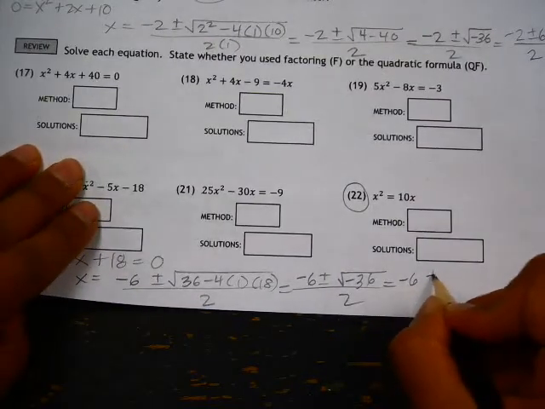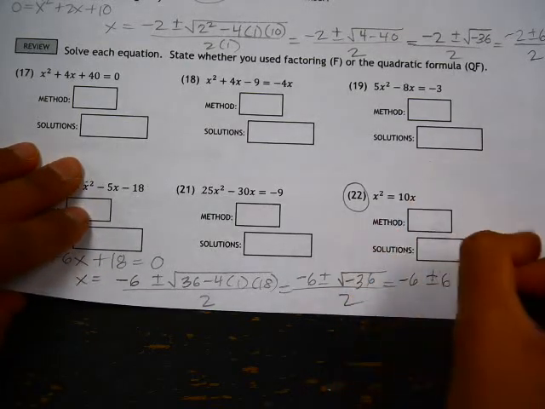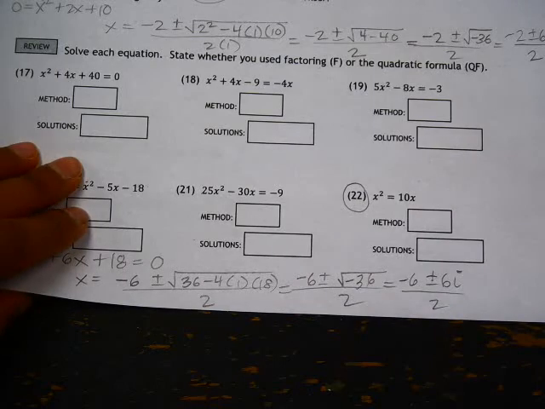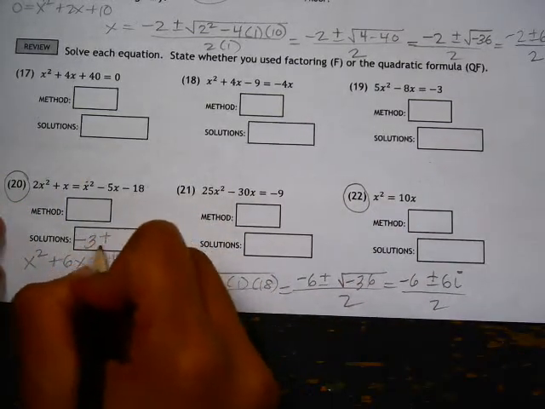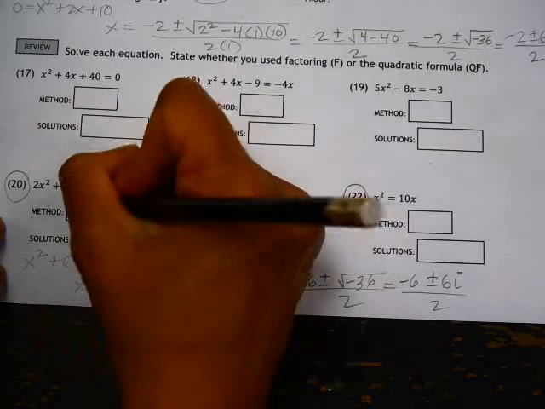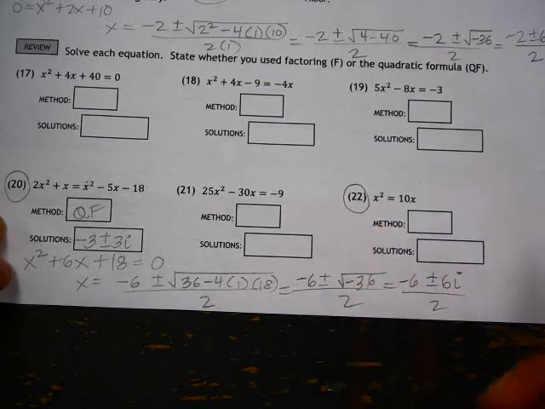This is going to be negative 6 plus or minus the square root of 36 is 6. The square root of negative 1 is i, then divided by 2. We need to reduce here. They're both divisible by 2, so negative 3 plus or minus 3i. Method was quadratic formula. Last question we're going to do in this video is 22.